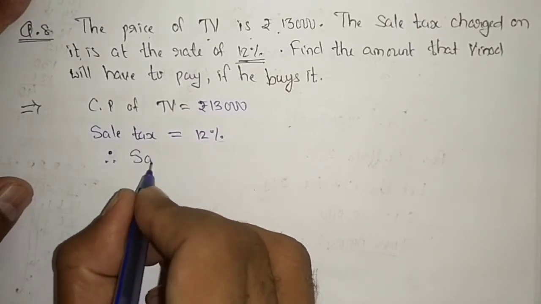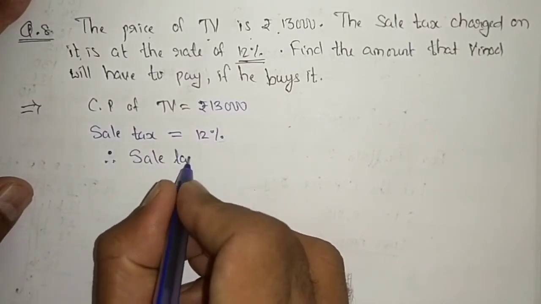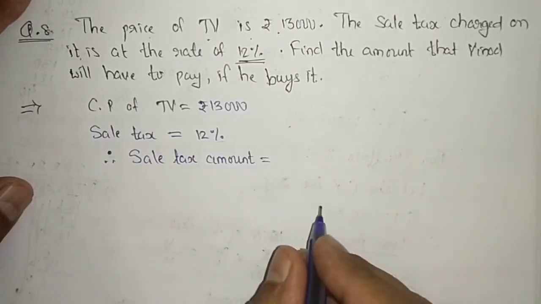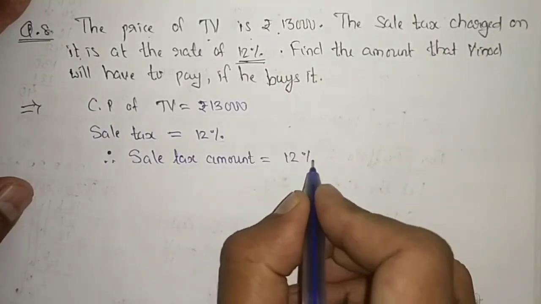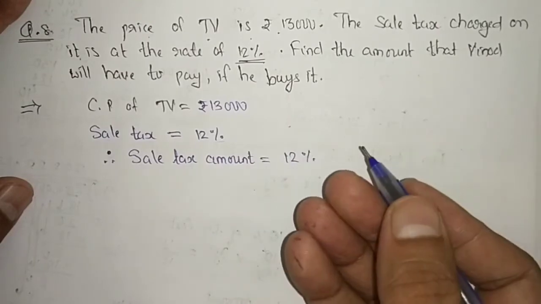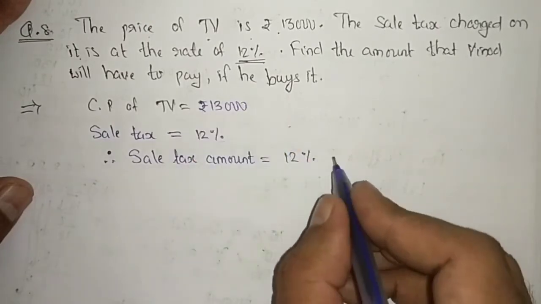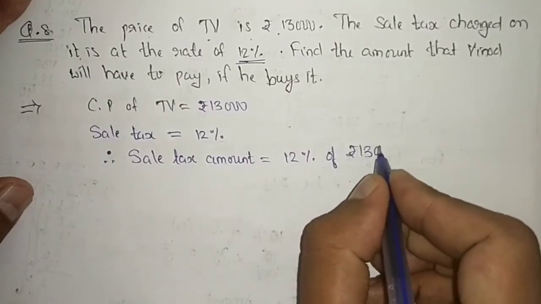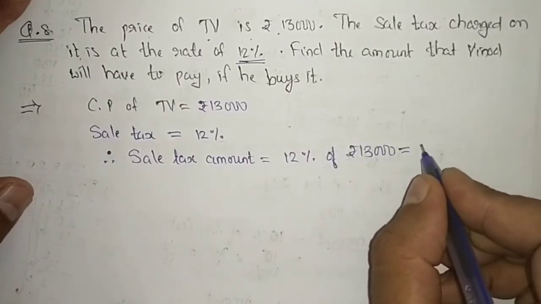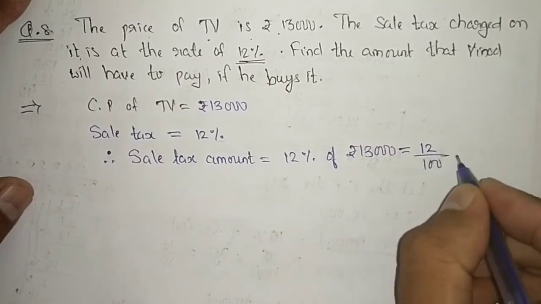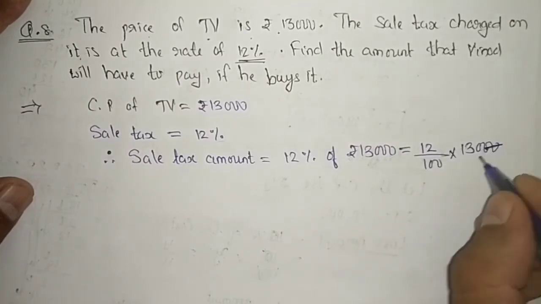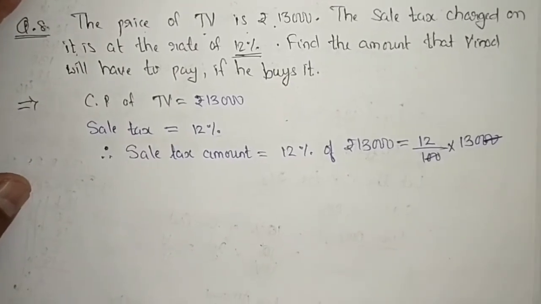So we will find, therefore, sales tax amount is equal to 12%. 12% on what? On the cost price. So we will write of rupees 13,000. So it will give me 12 divided by 100 multiplied by 13,000. The zeros will cancel out.